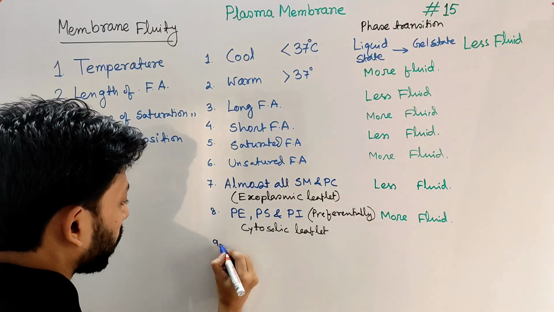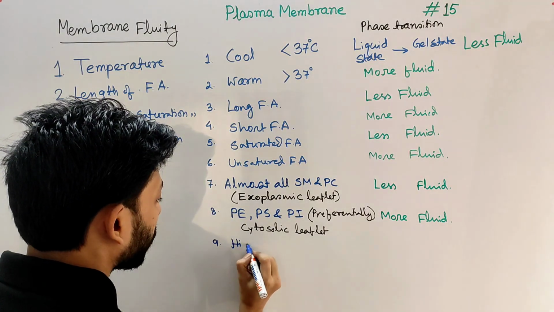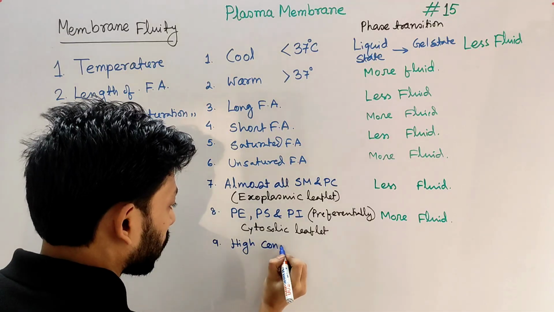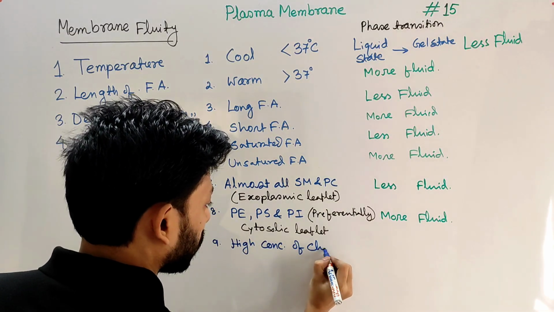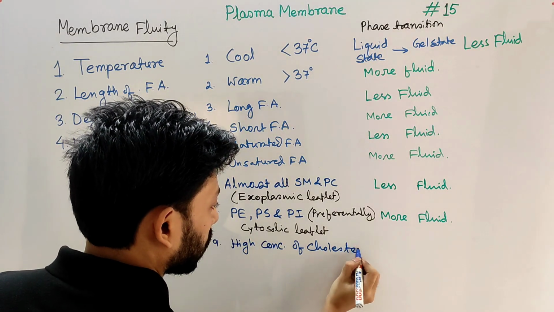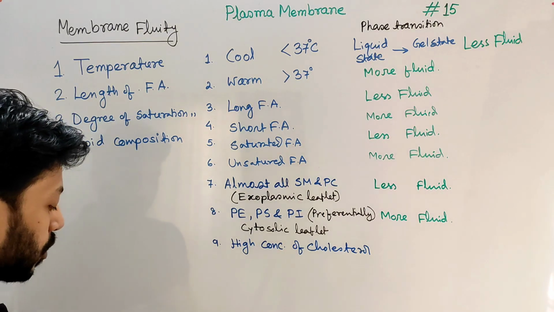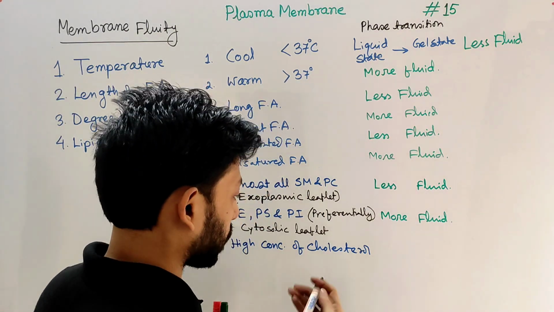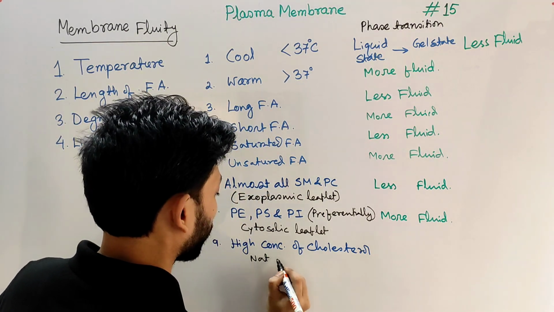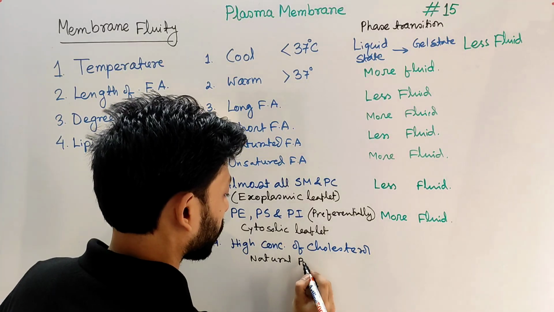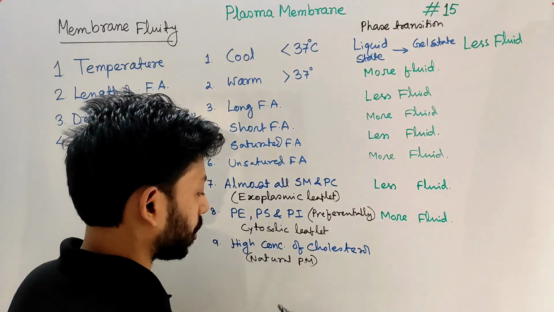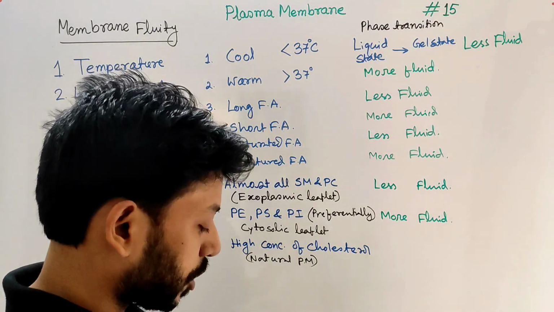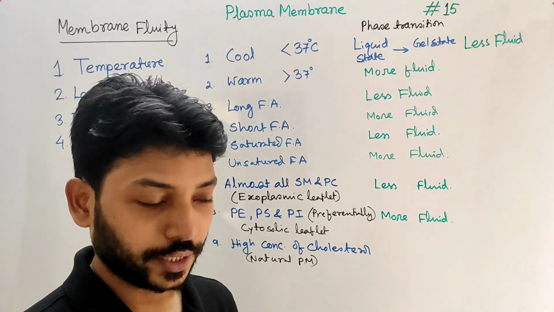Now another point you can remember, that a high concentration of cholesterol is actually present in the natural plasma membrane. So the natural plasma membrane contains a high concentration of cholesterol. Now cholesterol has steroid rings.